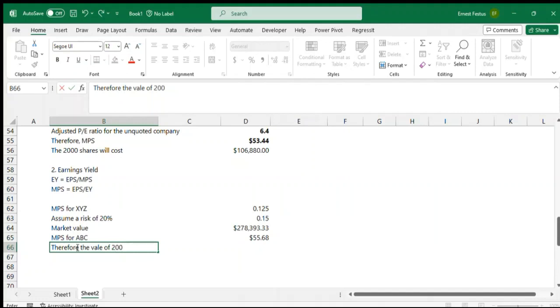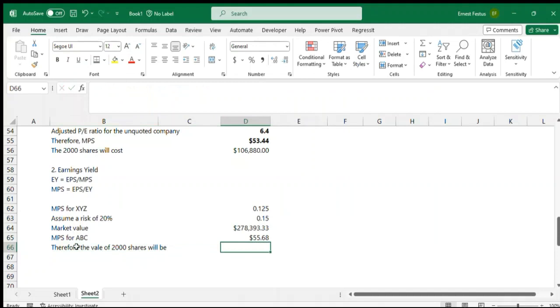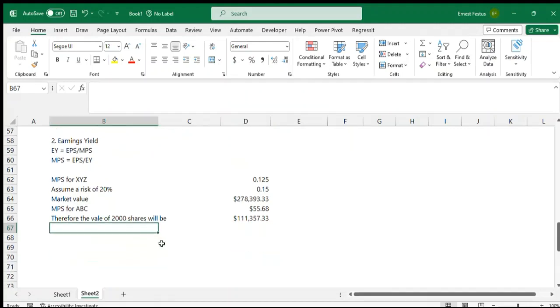So the value of 2,000 shares will be, let me put my equal to sign, equal to 2,000 multiplied by our MPS. So that is $111,357.33. So that is it for the earnings yield.